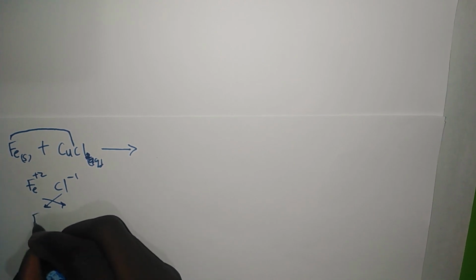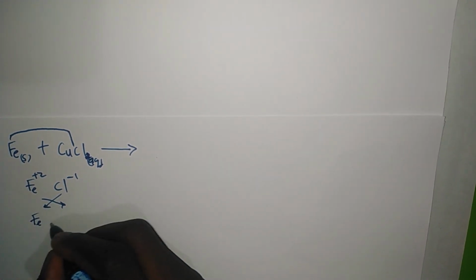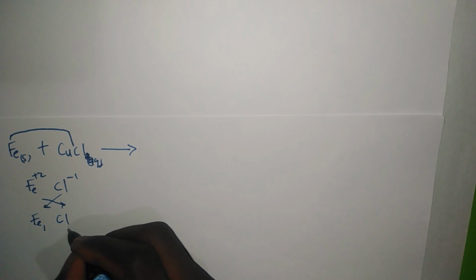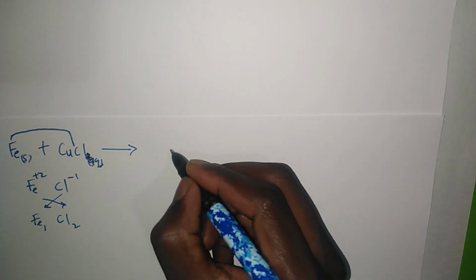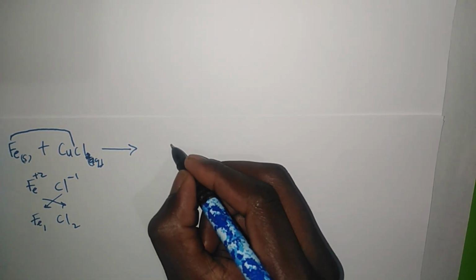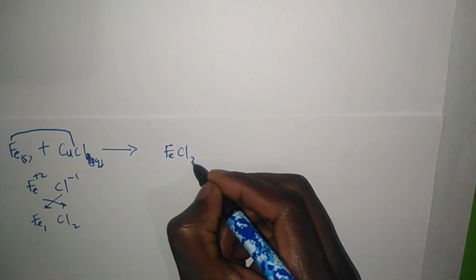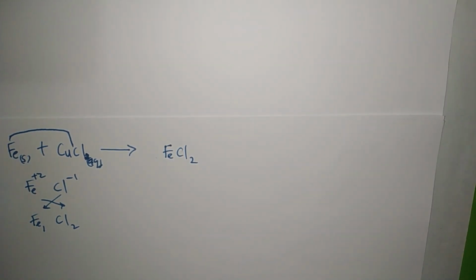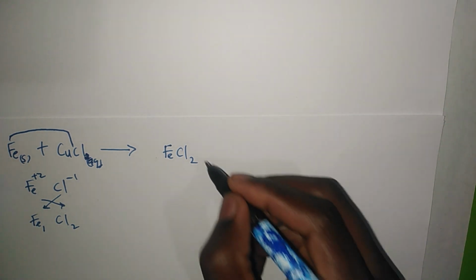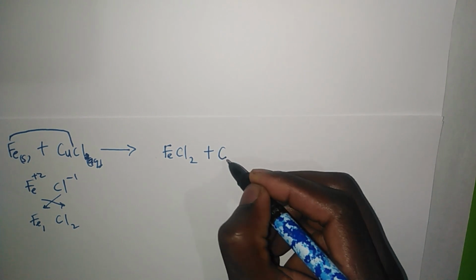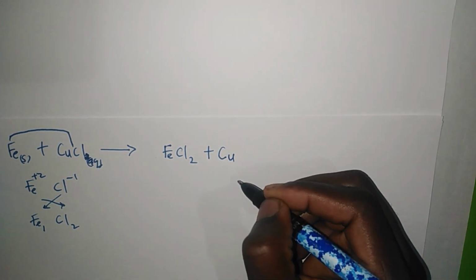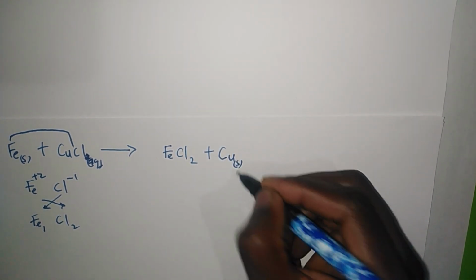So therefore, we have iron 1, and then we have chlorine 2. So this is a single replacement reaction, and then you have copper metal, and this time it is in a solid phase.